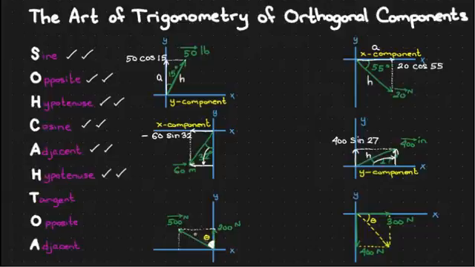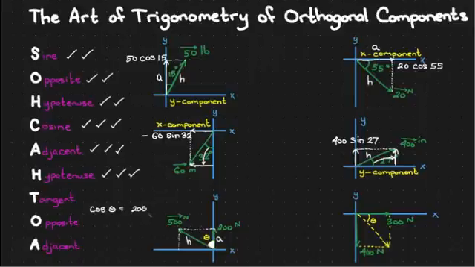So let's again think of this in terms of SOHCAHTOA. 500 is the hypotenuse. 200 is adjacent to the angle that we're interested in. So therefore we have hypotenuse, we have adjacent, we must use cosine. And by definition, cosine theta is equal to adjacent over hypotenuse.